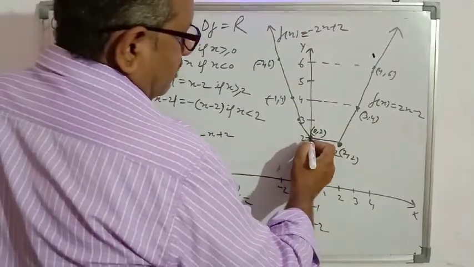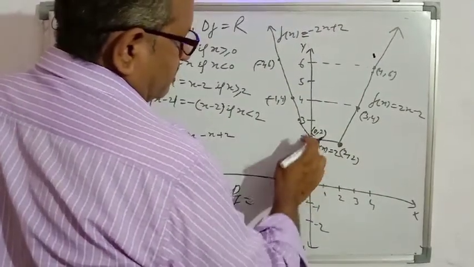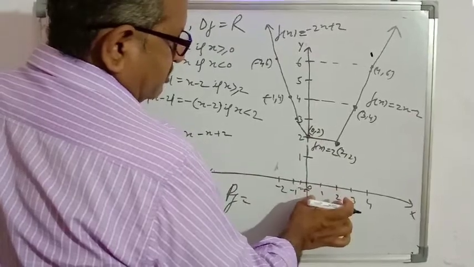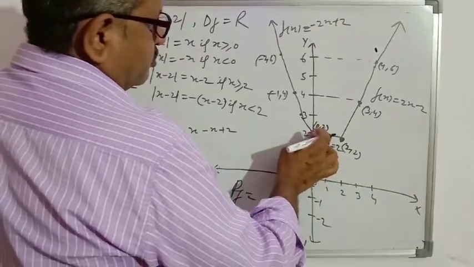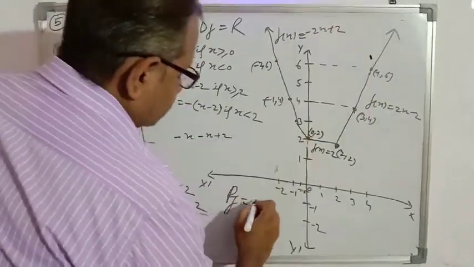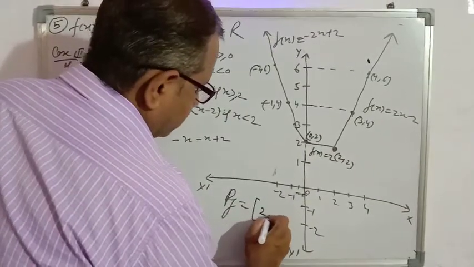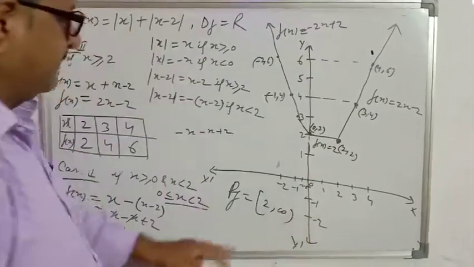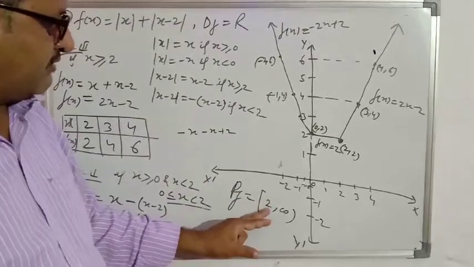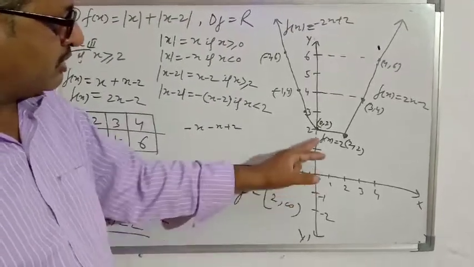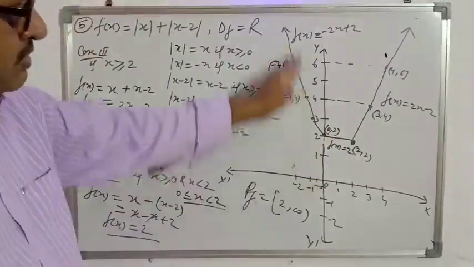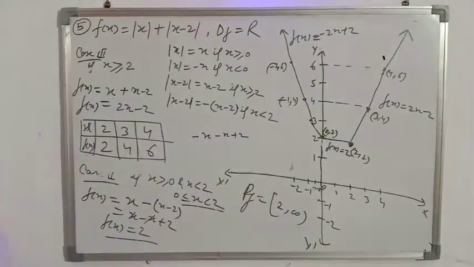What is the minimum value of f(x)? 2, which comes in this interval 0 to 2. So the minimum value is 2, maximum value is infinity. So the range of this function is from 2 to infinity. We will put the closed interval sign from the side of 2 because 2 is included here, and up to infinity. So this is the range of the function.